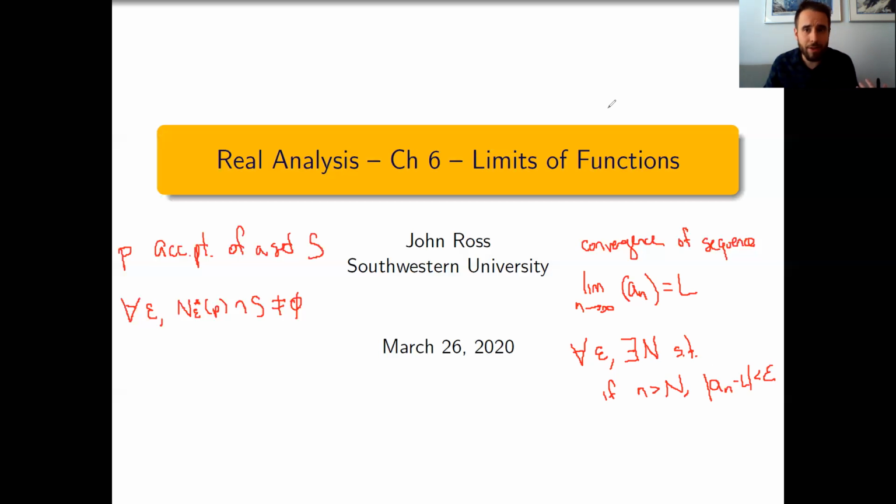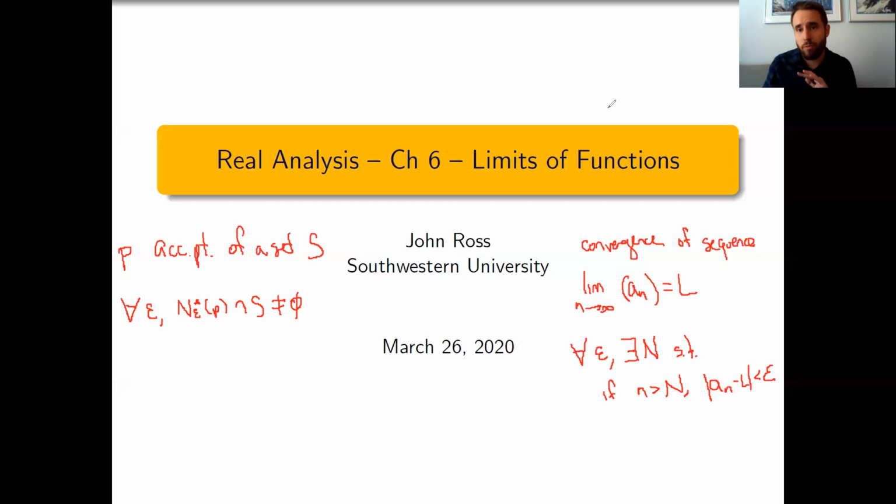My purpose in bringing these up is just to point to the similarities in these definitions, the idea that they're both dealing with behavior as we get arbitrarily close to a given value, and to set the stage for our definition for limits of functions.